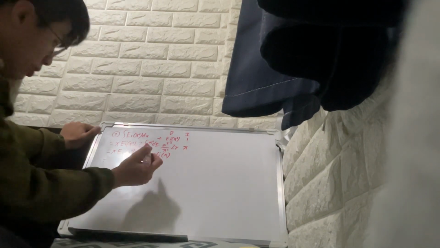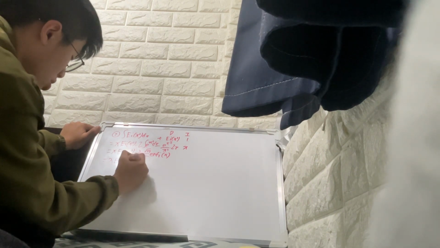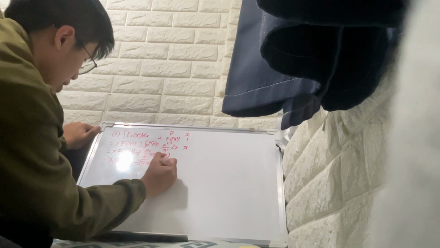We are not going to add plus c yet because we're going to cancel something. So you get x times Ei of x squared minus square root of pi times erfi of x plus c. Yes, that's our answer. And then our number 8.